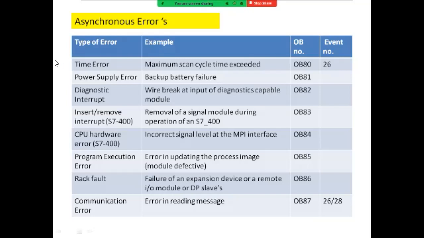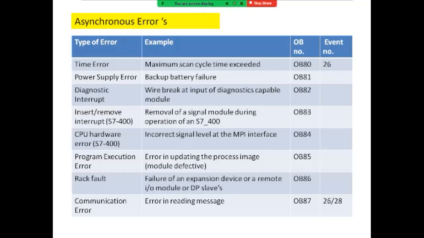Similarly, for S7400, if you are inserting or removing any module, input or output modules, for that, OB number 83. If you remove the module in between, what happens? Your CPU cannot detect that module, and goes to stop mode. This is an error. But in 400, we have this option: we can change online, remove or connect modules, replace modules, because the S7400 system has a backplane.